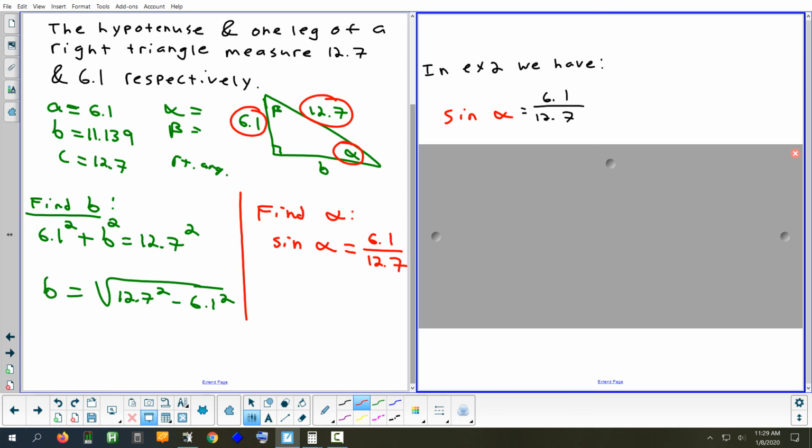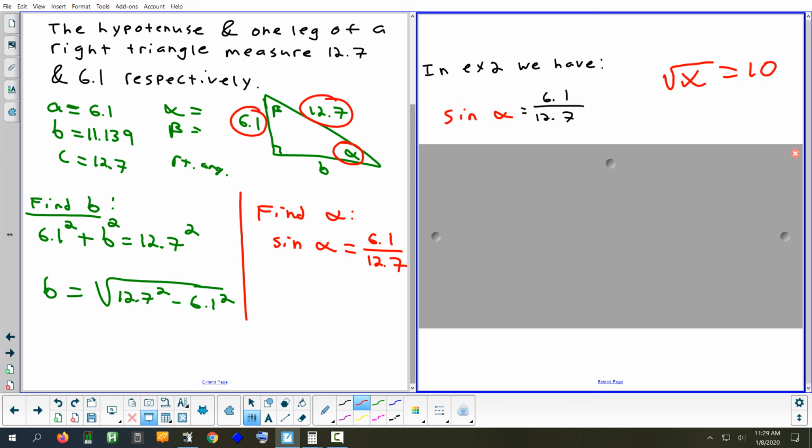Sine is a function. It's like if you had square root of x equals 10. Square root is a function. You can't get rid of square root with arithmetic. Arithmetic is adding, subtracting, multiplying, and dividing. You can only get rid of square root with a function that's the inverse of it, the opposite. So the opposite of square root is square. Same idea here.